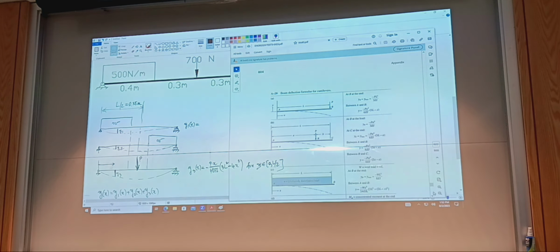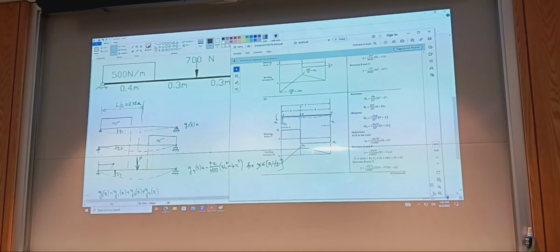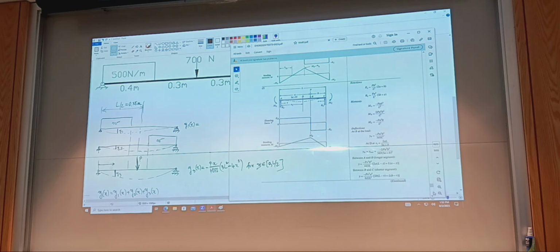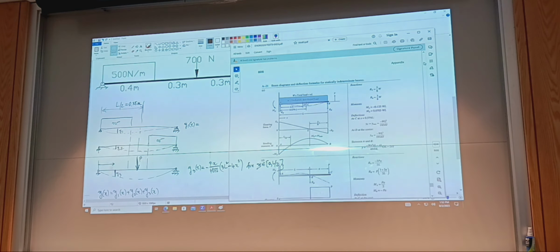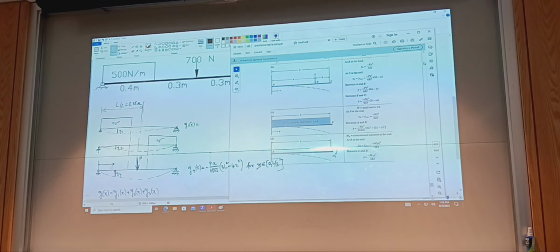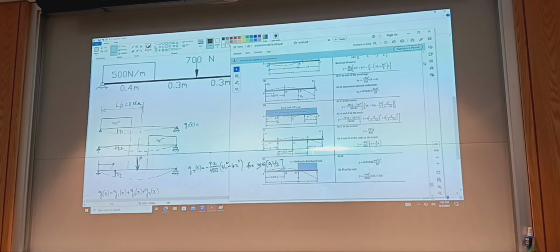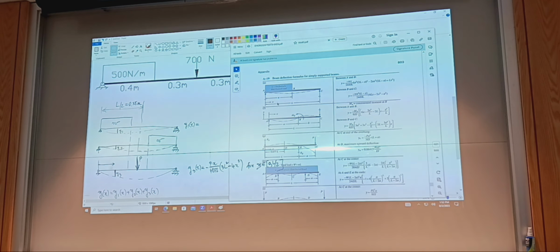It's not ours. Okay, is this one, right? Yeah. I have A, which is less than L over 2. So this is our case.